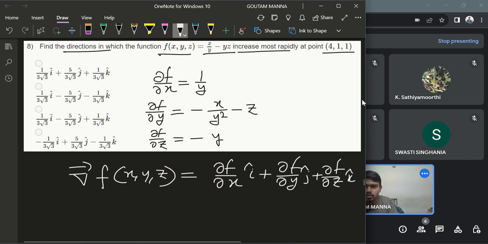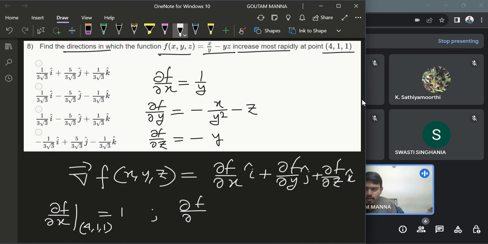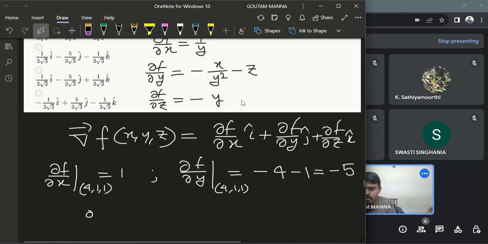So then del f del x at point 4 1 1 will be 1. Del f del y at point 4 1 1, x is 4, so it is minus 4 minus 1 is minus 5, and del f del z at point 4 1 1 is minus 1.